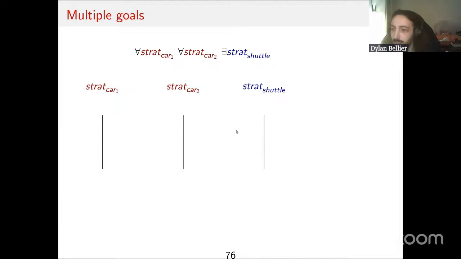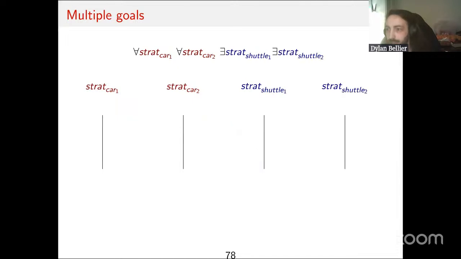And this is why we add a new strategy for the shuttle that will be able to make the difference. So we will have strategy for the shuttle 1 that will respond to strategy of the car 1. So if the shuttle had to go right, then it goes right at this point. And the strategy for the shuttle 2 will go left in order to respect traffic protocol.